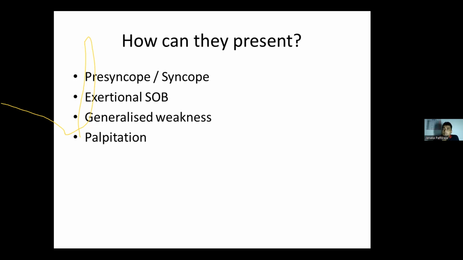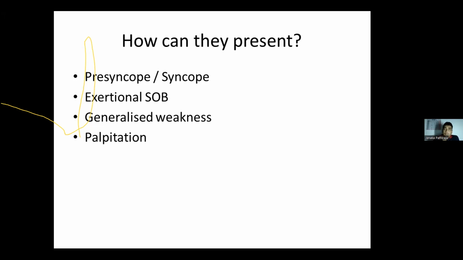Sometimes, especially in tachycardia syndrome, they will feel palpitations, the tachy part, but not the brady part. After palpitation, there will usually be a pause. During that time, they will feel faintish. So what they describe is palpitation and then faintishness.